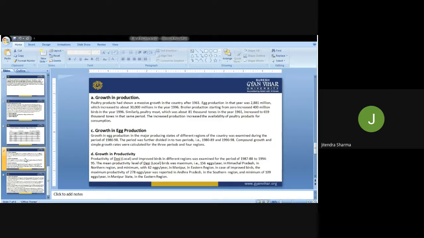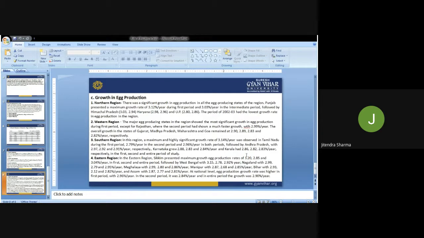It was also observed that the maximum productivity of the improved breeds is 278 to 350 eggs per year. This was reported in Andhra Pradesh in the southern region, and 109 in Manipur state in the eastern region. So these are the parameters on the basis of which we'll discuss the role of poultry farming in India.